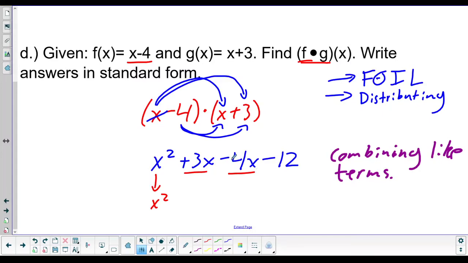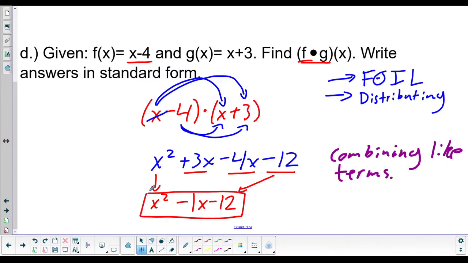So 3 minus 4 is negative 1. Bring down your variable x. And then this minus 12 doesn't have another number by itself to combine with, so it just comes down the same way the x squared did. And we have minus 12. And then this is our answer.